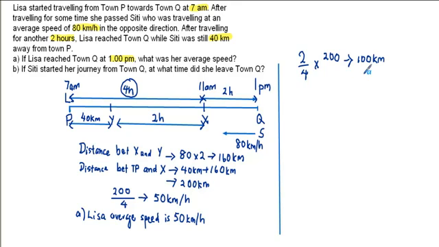So where is 100 kilometers? This would be the distance between town Q and point X. So it would be here. So Lisa took 2 hours to cover 100 kilometers.